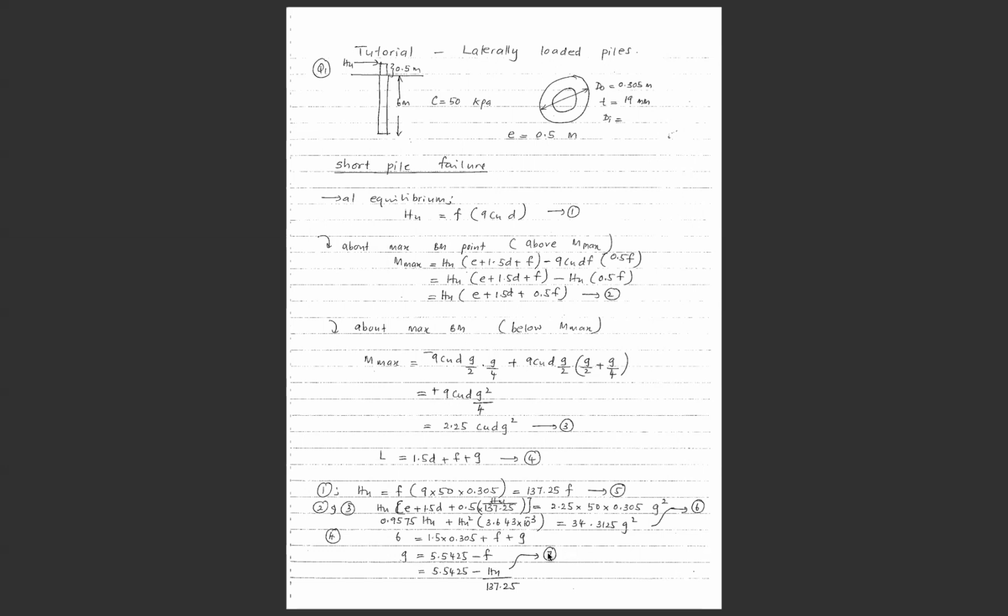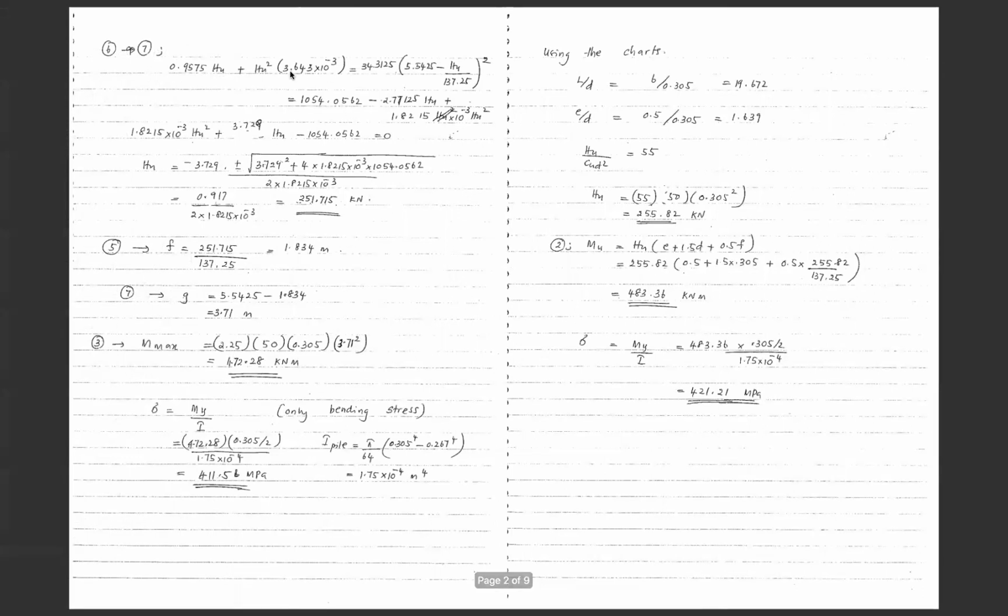Substituting G from equation number 7 back into equation number 6 gives us this new equation, 0.957 HU plus HU squared, the rest of the terms, with one unknown variable, HU. We can solve it mathematically, and that gives a value of 251.715.